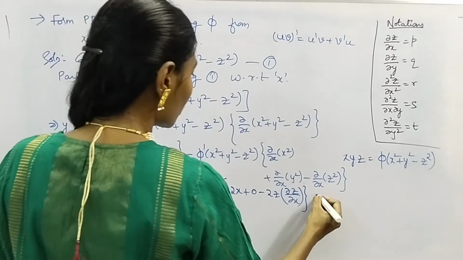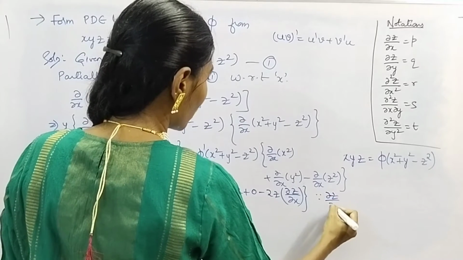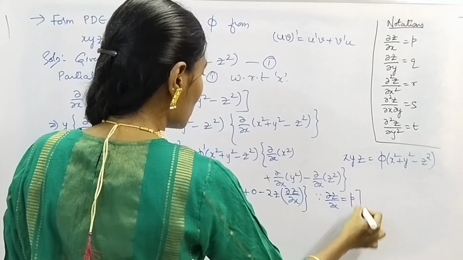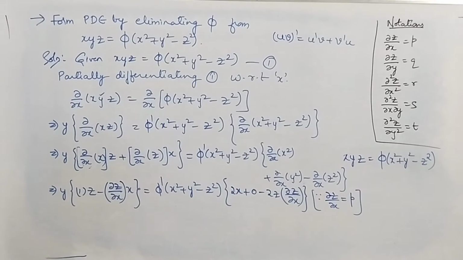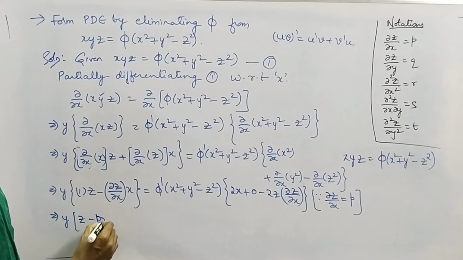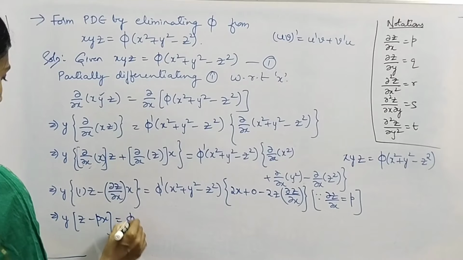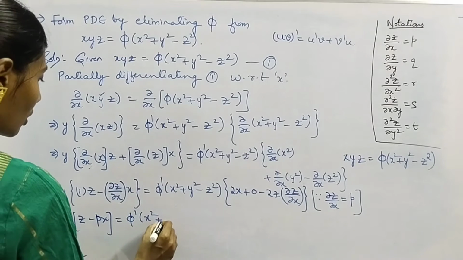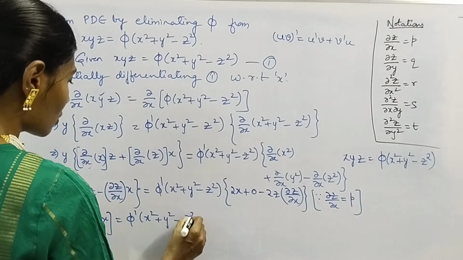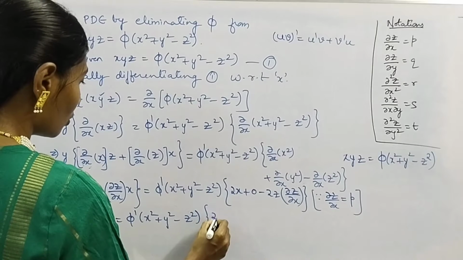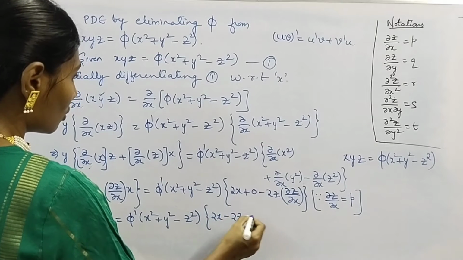Since we have the notation dou z by dou x equal to p, let's replace dou z by dou x by p, which gives us y into 1 into z, minus, replacing it by p, p into x, px, equal to phi dash of x square plus y square minus z square into 2x minus 2z into p.